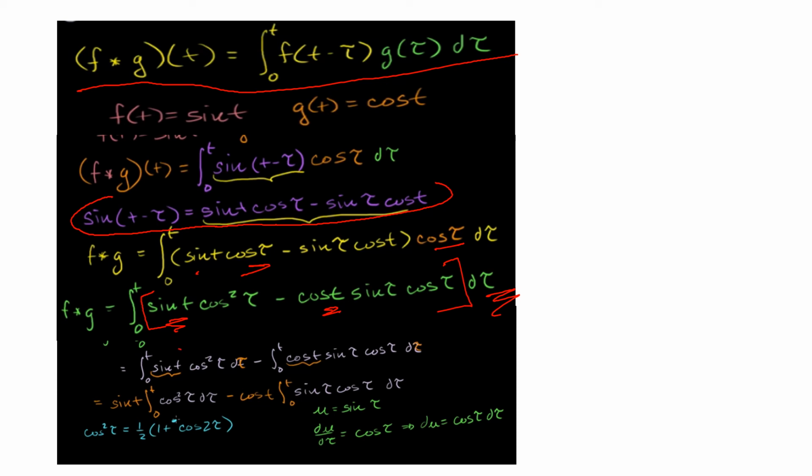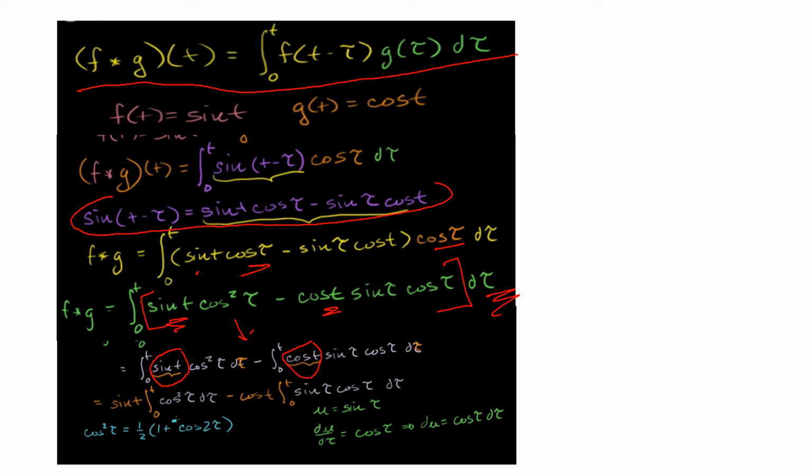I put sine t outside, and cosine t also outside. This separates the integrals. So we get sine t times integral cos square tau d tau minus cos t times integral from 0 to t of sine tau cos tau d tau.